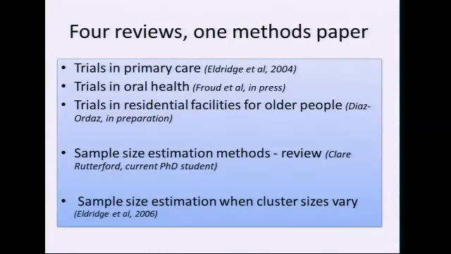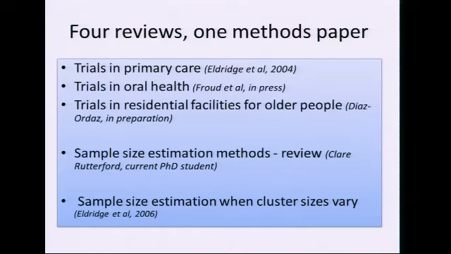So what I'm going to do now is just set that one trial in the context of other trials in this area, and I'm going to use 5 pieces of work to do that. 3 reviews that have been undertaken in our department, one published in 2004, then another review in oral health, and that's in press at the moment.